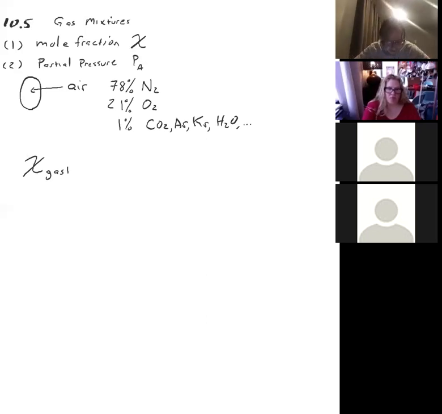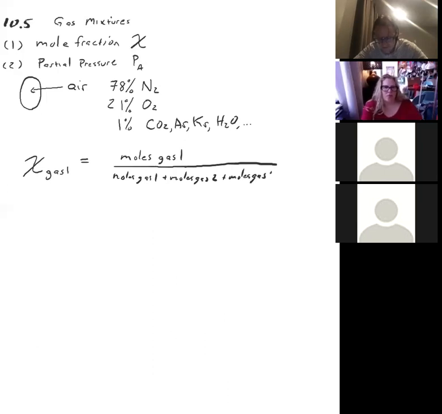So we're going to call it the mole fraction of gas 1 is the moles of gas 1, however many moles of whatever gas you're talking about, it could be oxygen, it could be nitrogen, over the moles of gas 1 plus the moles of gas 2 plus the moles of gas 3 plus the moles of however many gases you have.